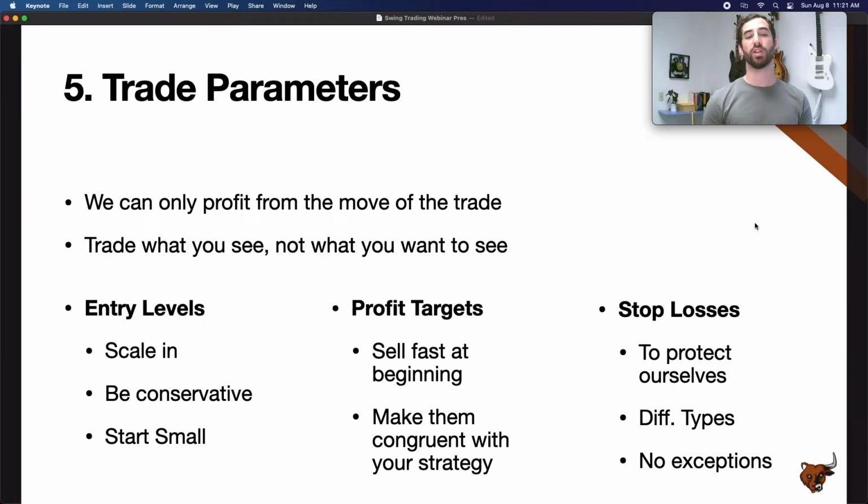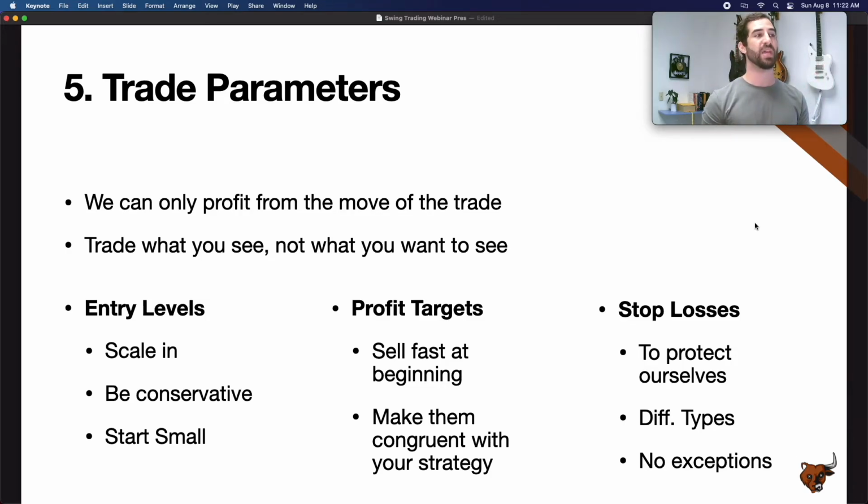So if your max stop loss is down 5%, then don't aim for a 100% return, okay? Because for the stock to get to a 100% move to the upside, it will more than likely require a more than 5% move to the downside before it can go up, okay? So make the profit targets congruent with your strategy.